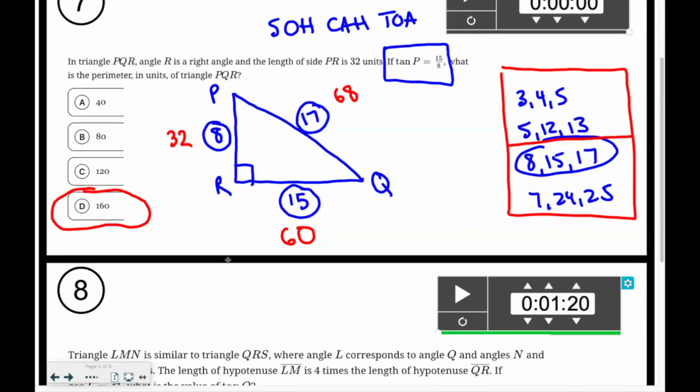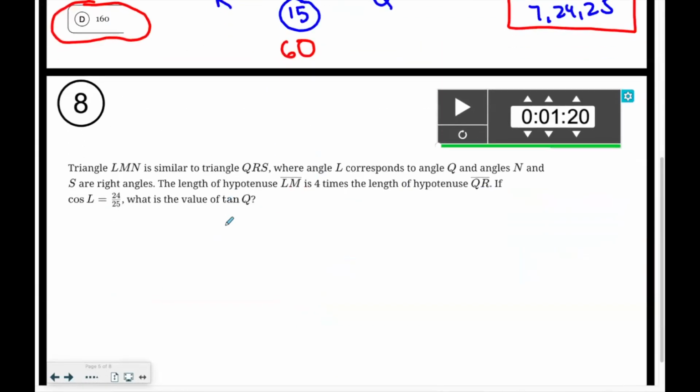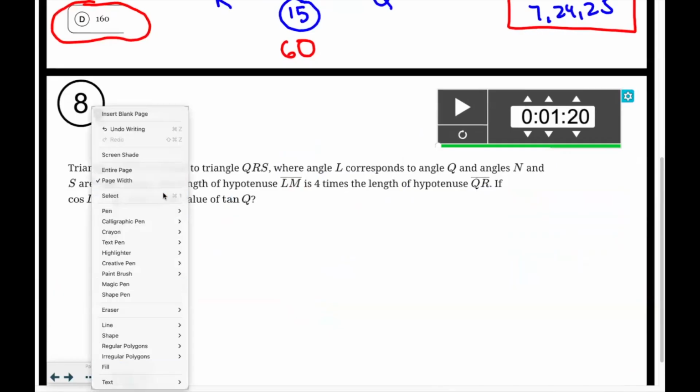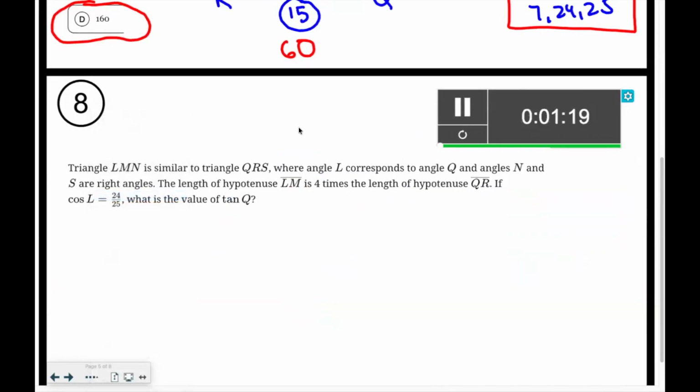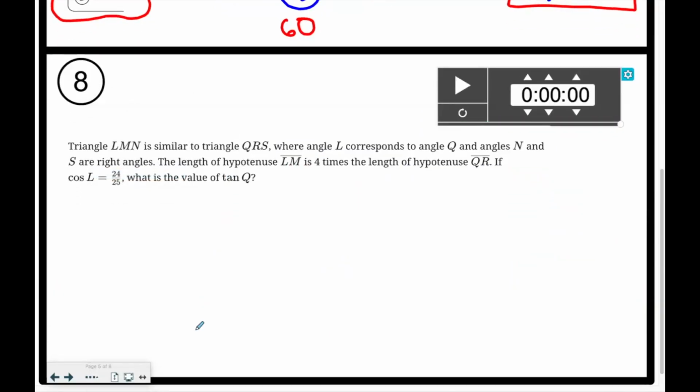Okay, let's keep going. Couple more trig problems, so try this one. Here is one where we can save a considerable amount of time if we do a couple things. Anytime I make these suggestions on the SAT, there's always an exception, but for the most part, they'll work.